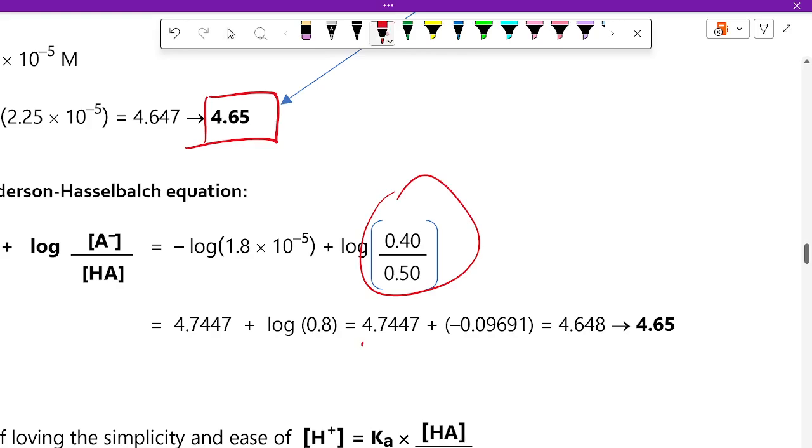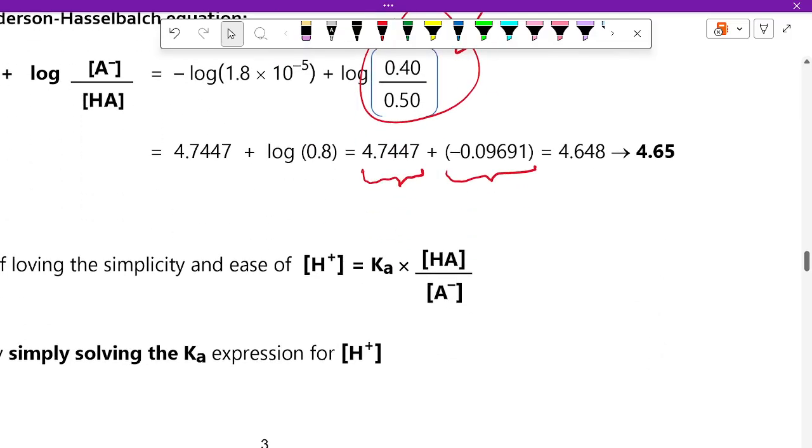This would be the pH of an equimolar buffer, where the moles of acid equal the moles of base, because that's just your pKa. Yes, and then we have this adjustment factor based on the relative concentration of the acid and the base.